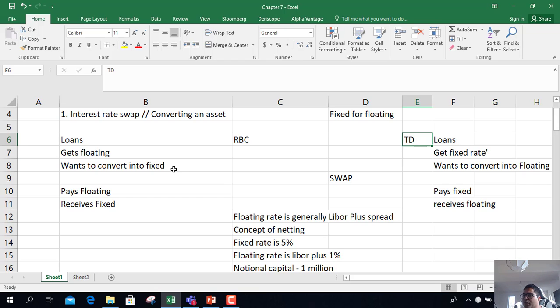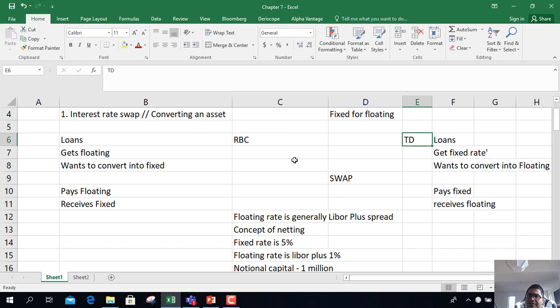It is getting floating, but it wants to convert that asset into a fixed one. So instead of getting floating, it should get fixed. And TD wants to convert its asset into a floating one. Instead of the fixed rate that it is getting right now, it wants to convert it into a floating rate.